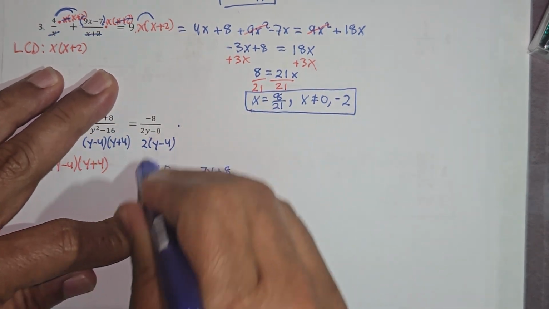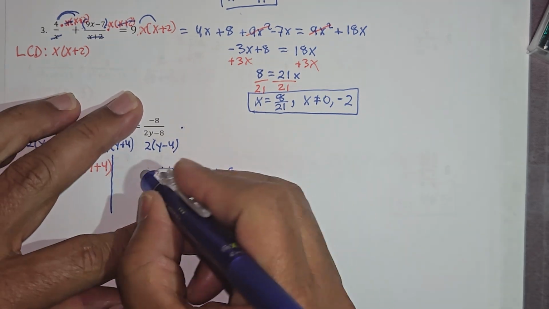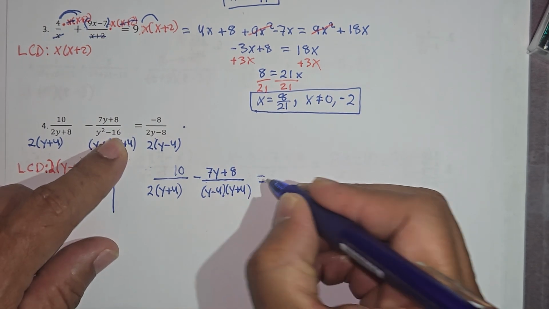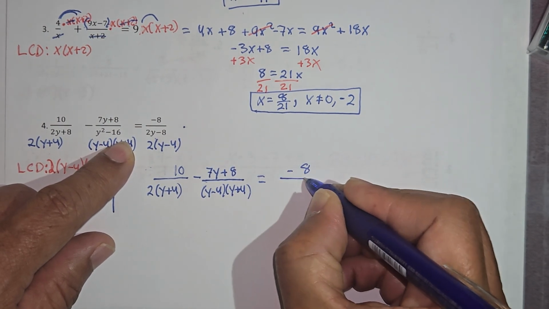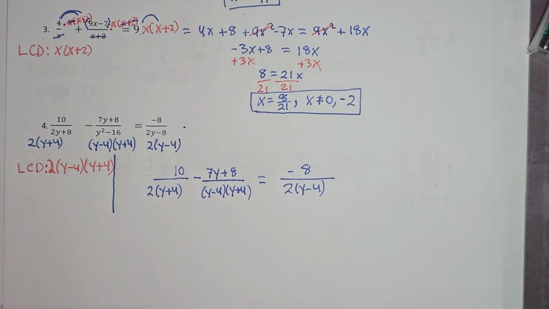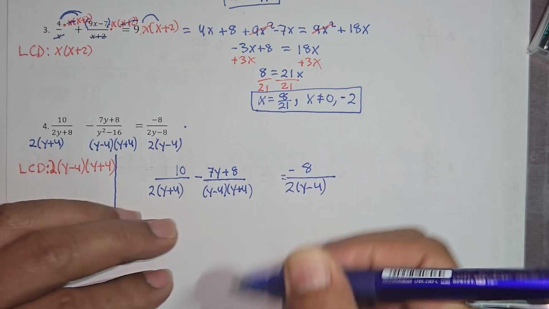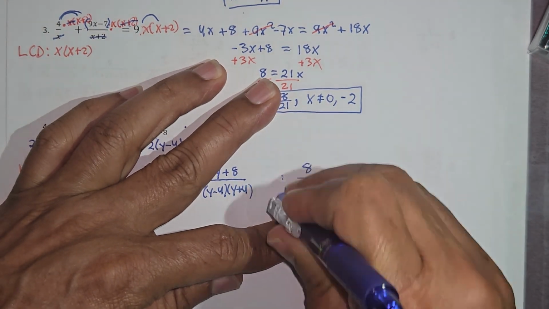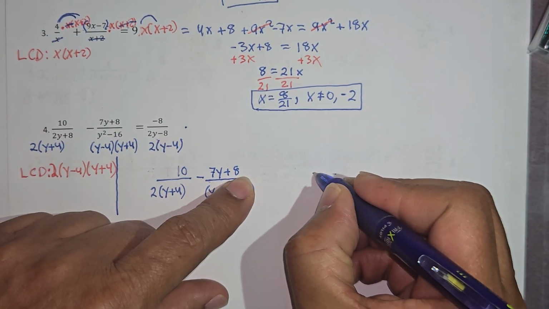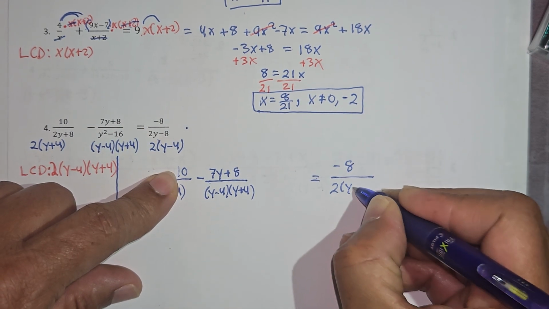And this is equal to negative 8 over 2 times y minus 4. Leave some space so that we have plenty of space to work with.